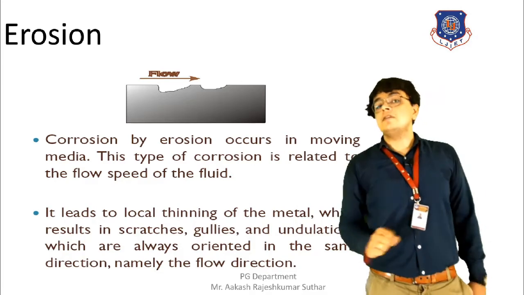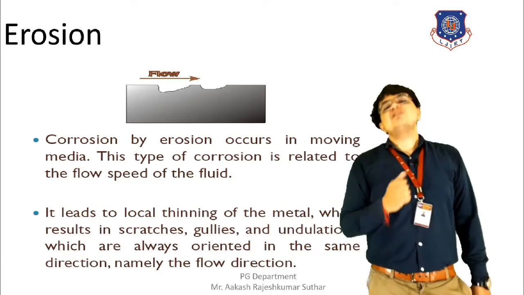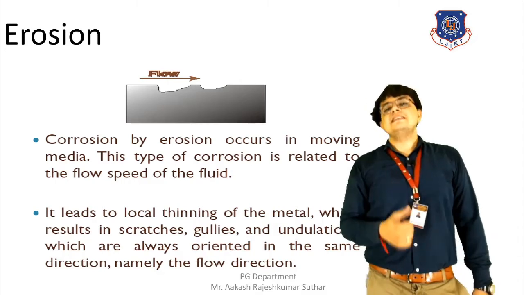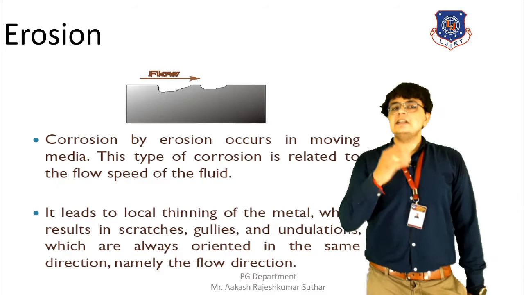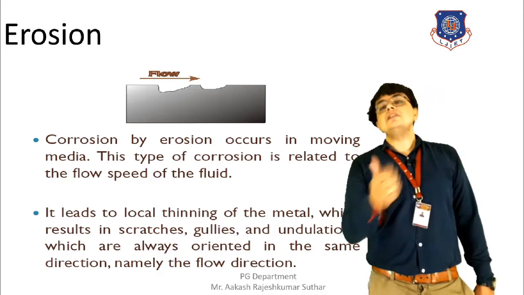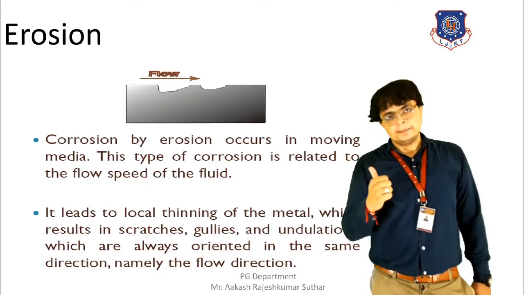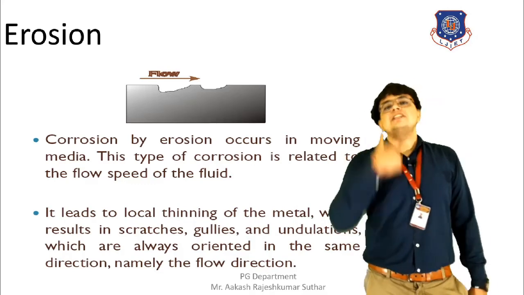And as a result of this, a time will come when it will not be able to take its load. And in that case, breakage will occur. Mainly such erosion takes place only in the direction in which the material is flowing. And this is how erosion takes place.